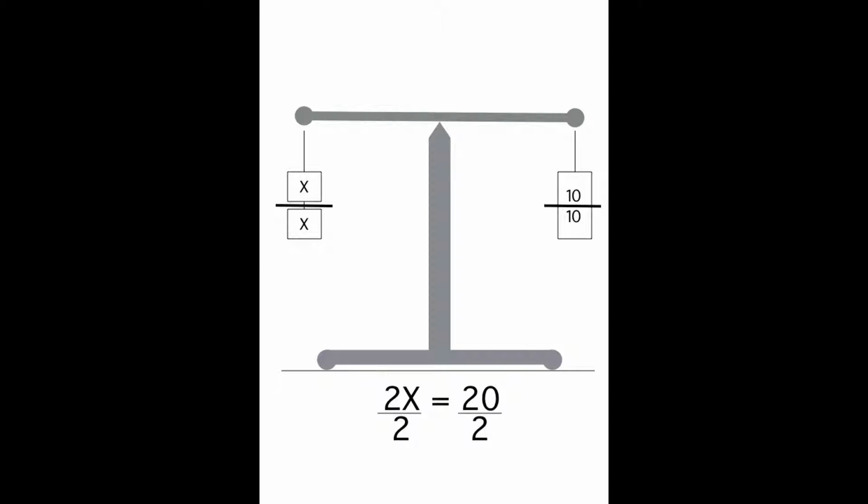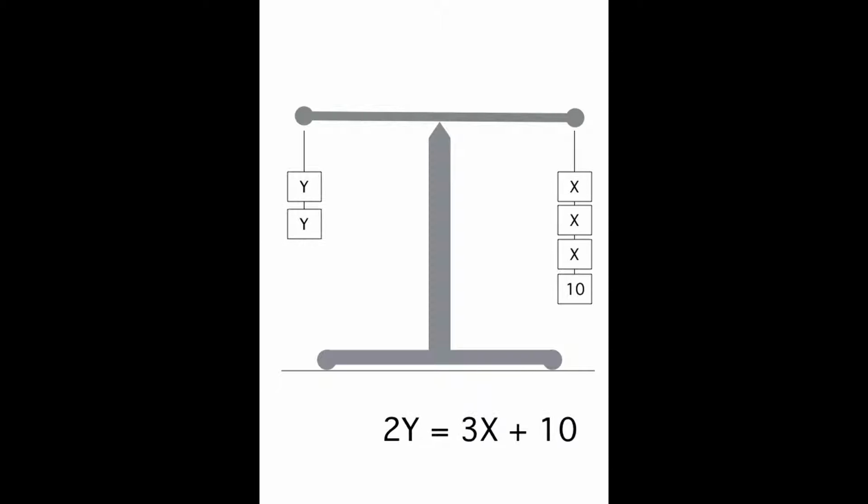If I wish to return to my original equation, I simply halve what's on the left-hand side and halve what's on the right-hand side, and then I'll return back to the original equation x equals 10. And I've kept the balance level all of this time.